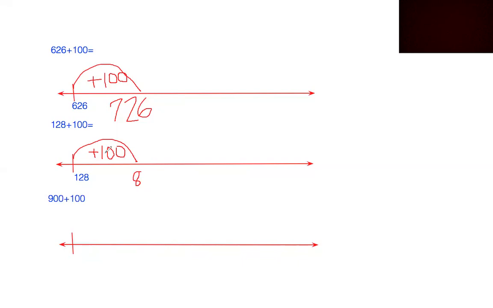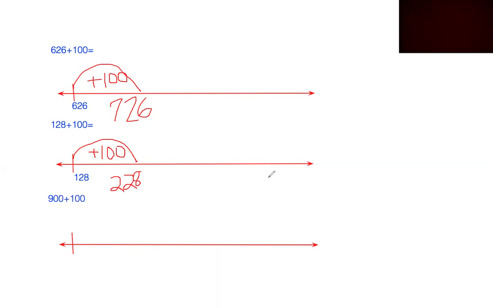What about the tens place? Am I adding anything to the tens place? No, boys and girls, you are right. And what about to the hundreds place? Am I changing anything in the hundreds place? Yes, you're right. I'm adding 100 to the hundreds place. So if I add 100 to another 100, how many hundreds do I have? Very good. 200. So 128 plus 100 equals 228.